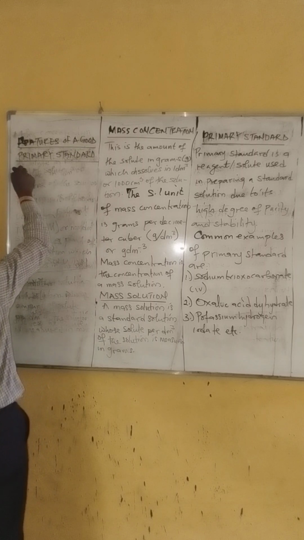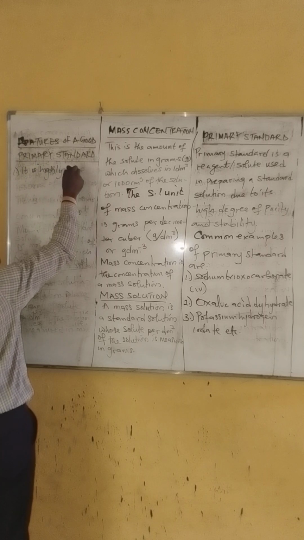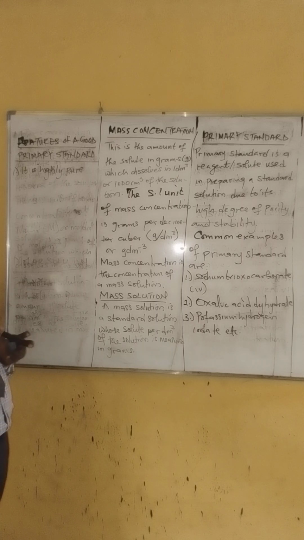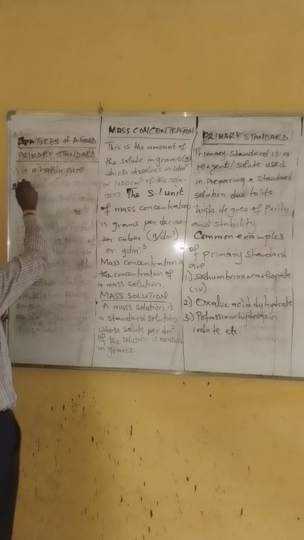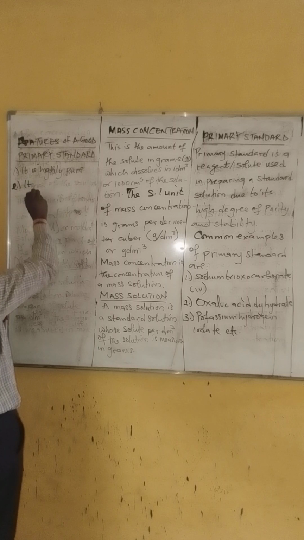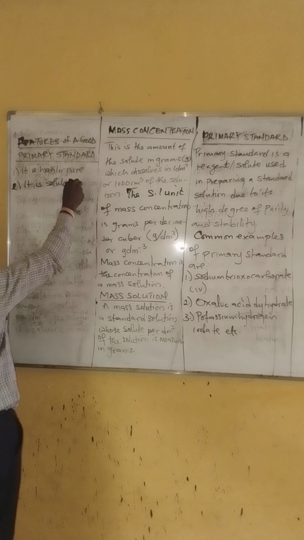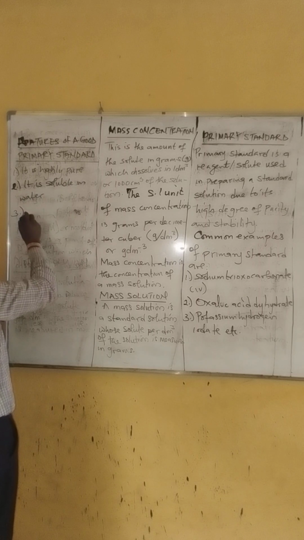Number one, it is highly pure. And why must it be pure? Why is the purity important? If you dissolve it inside water, you are sure that it is only that thing you dissolve in water, nothing else has been added to it. Number two, it is soluble in water. It can dissolve in water properly.